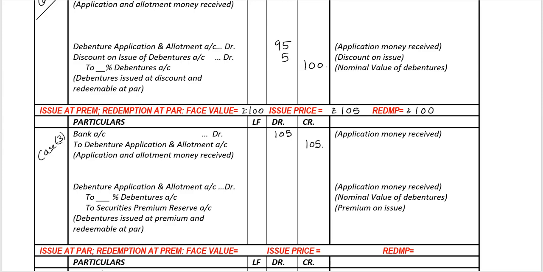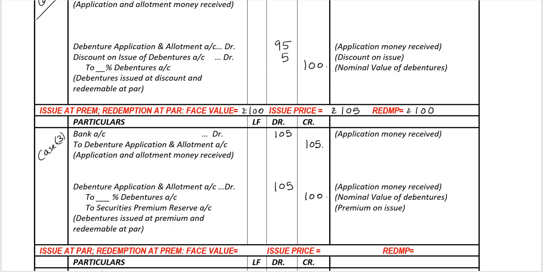The second entry is to debit debenture application and allotment account with the application money received, which is 105 in this case. We need to credit percentage debentures account with the nominal value of the debenture. The face value or the nominal value is rupees 100. And we need to credit securities premium reserve account with the premium on the issue of debentures.